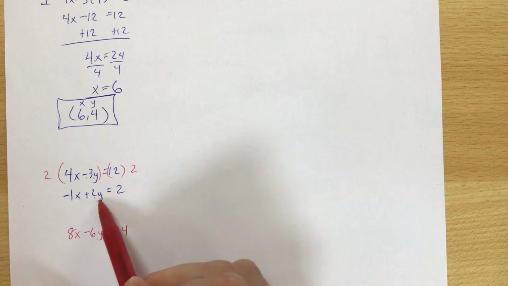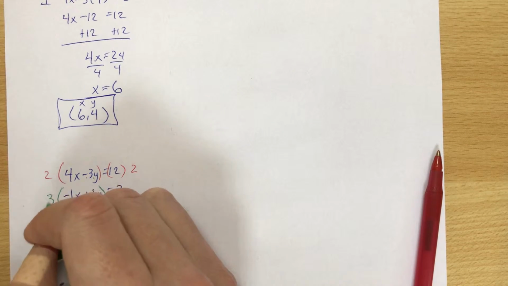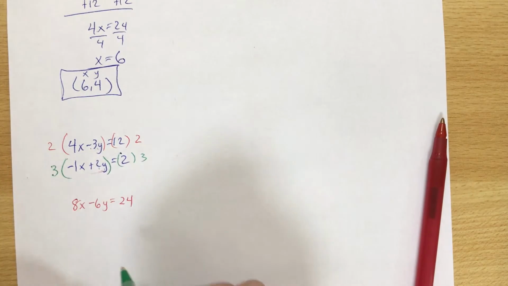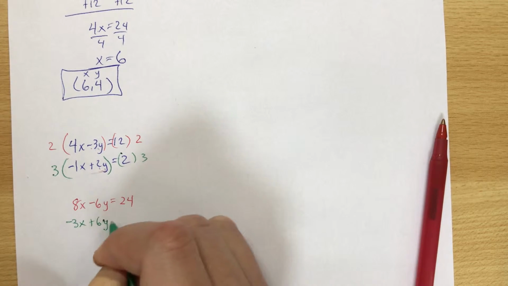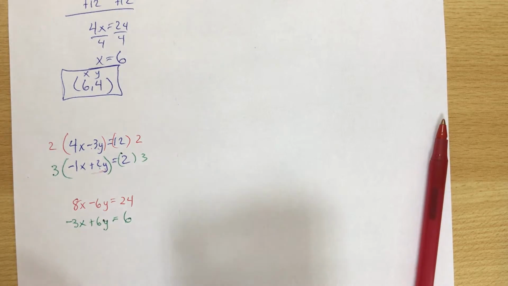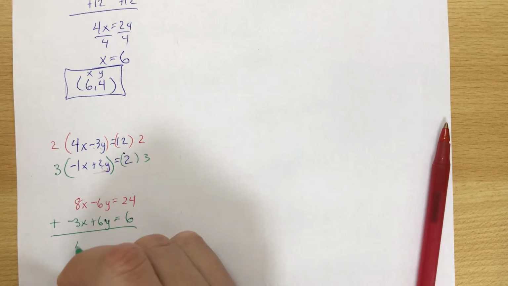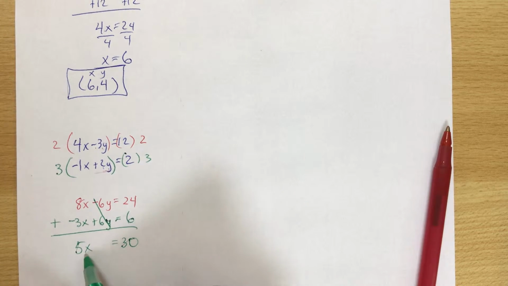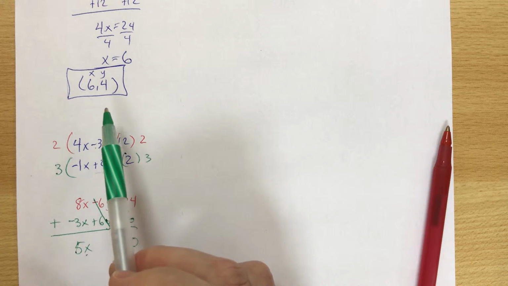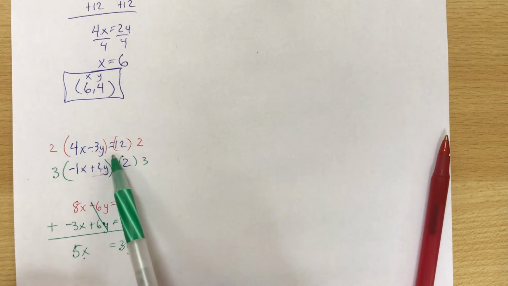To make this a +6y, I would have to multiply here by 3. And that would become -3x plus 6y equals 6. Now these are opposites. So now I would add, we would get 5x, 0y equals 30. And if you divide by 5, you get x is equal to 6. Okay, now why didn't I do that?